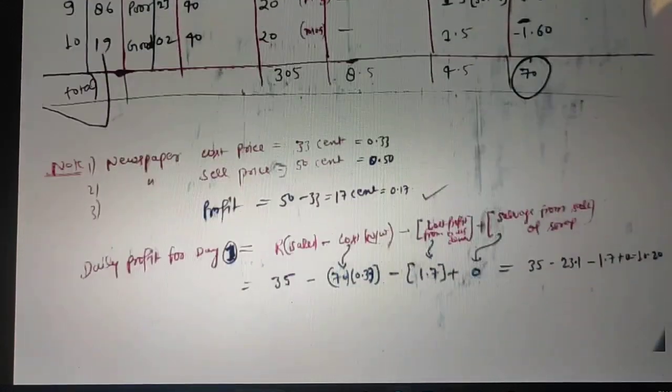Okay, now we have to add the total daily profit for day 1, day 2 and day 3. I just want to tell that for day 1 the respective revenue is 35, minus the cost of newspapers, and lost profit is 1.70, and salvage, meaning the money we got from waste, was 0, so we will get a total of 10.20.